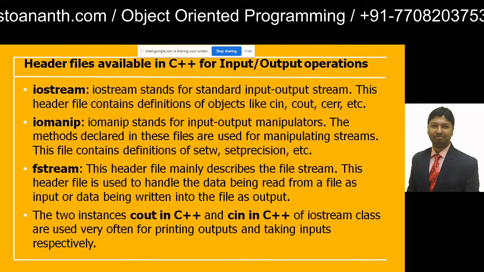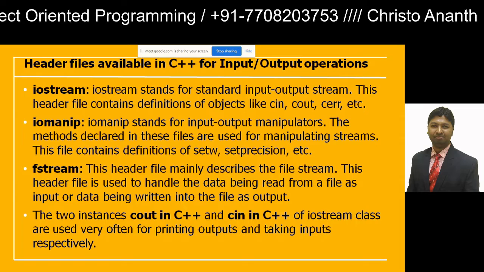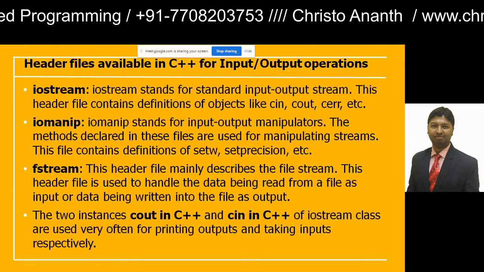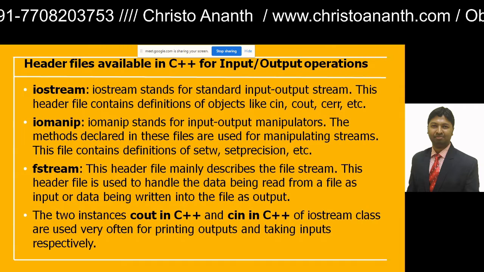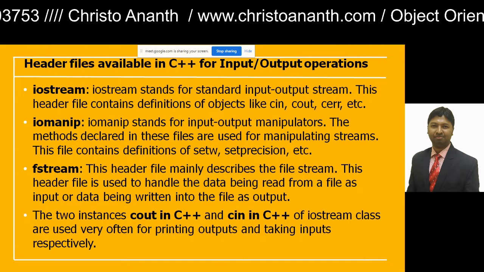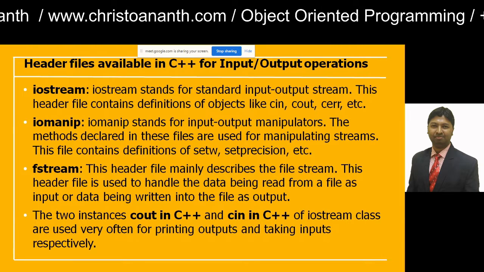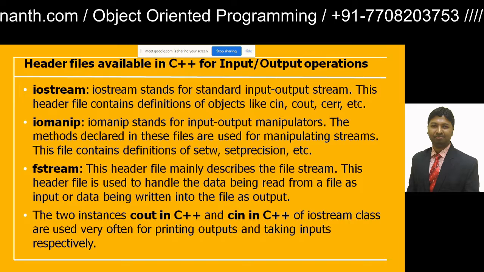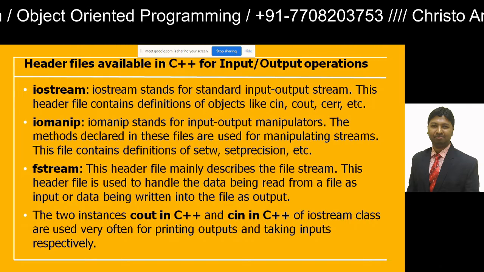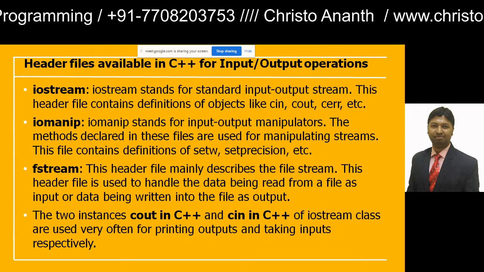Then you have the input output manipulators, iomanip. The methods declared in this file are used for manipulating the output, such as setw, setprecision, and so on. And then we have the file stream, fstream. This header file is used to handle data being read from a file as input, or data being written into a file as output.